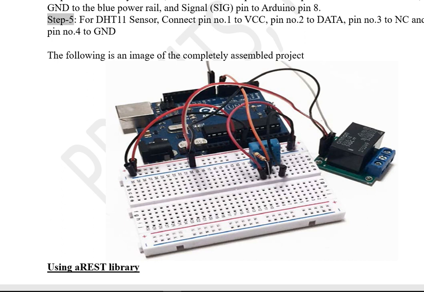Step 5: for the DHT11 sensor, connect pin number 1 to VCC, pin number 2 to data, pin number 3 to NC and pin number 4 to GND. The following is an image of the completely assembled project.